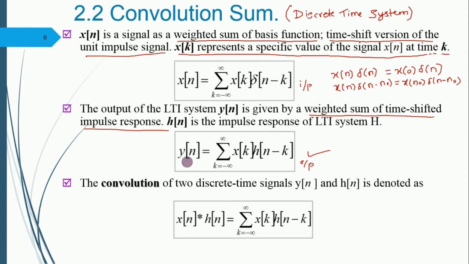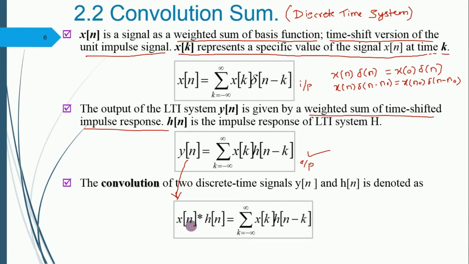This output y of n is denoted, as the symbolic representation of the convolution sum, as x of n star h of n. From here on we don't call it star, we call it convolution.